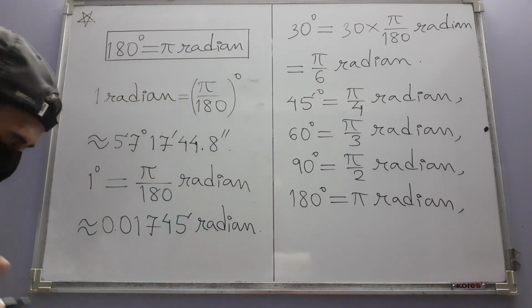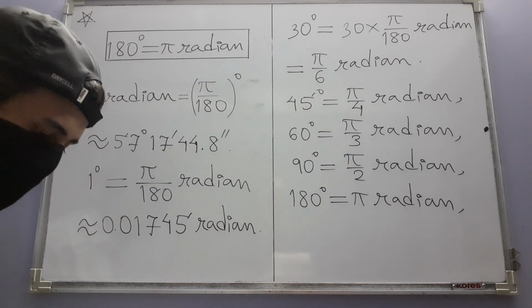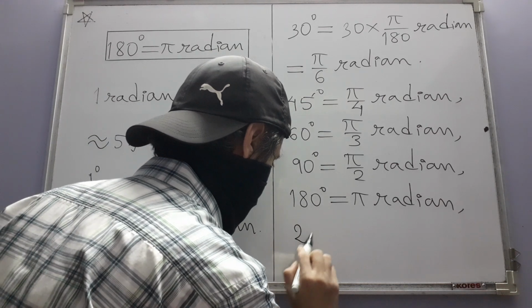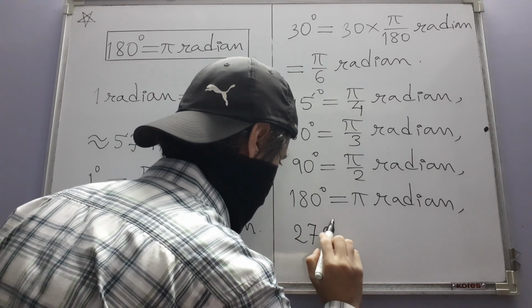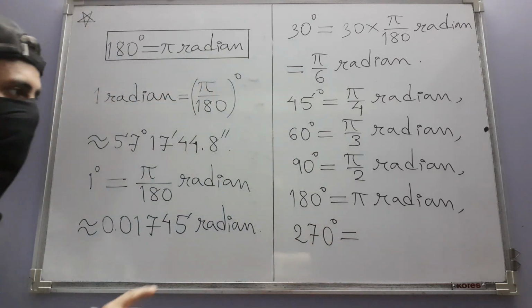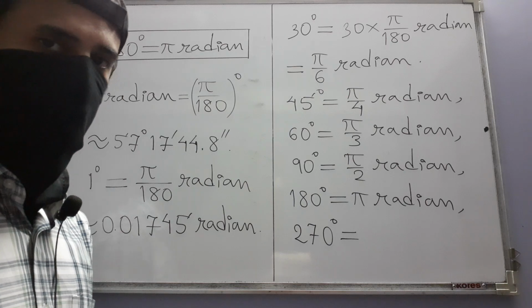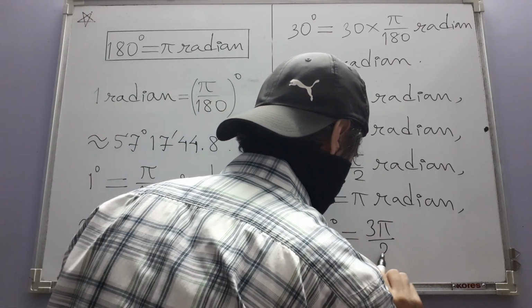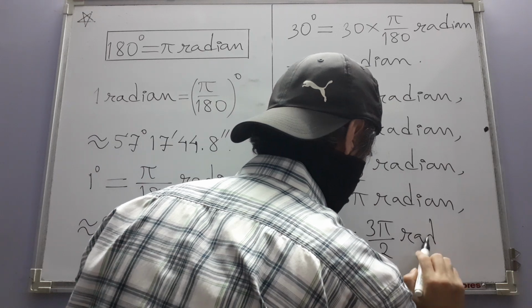Then there are two more angles. 270. 270 means 3 times 90. That means 3 pi over 2 radian.